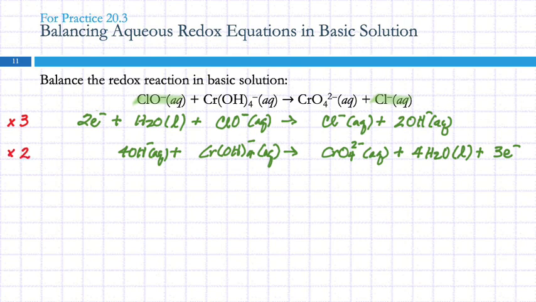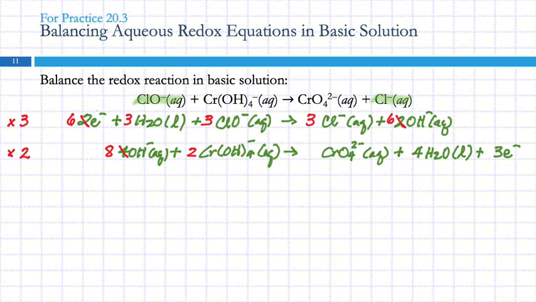I highly encourage you to write this here, because I know from experience that it's really confusing if you don't. So I'm going to go through and I'm going to multiply all my coefficients. In the top, I'm multiplying by 3. So this becomes 6, and this is 3, and that's 3, and this is 3, and this one becomes 6. And then the bottom, I'm multiplying by 2. 2 times 4 is 8.